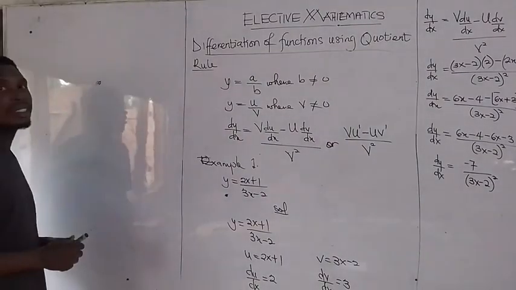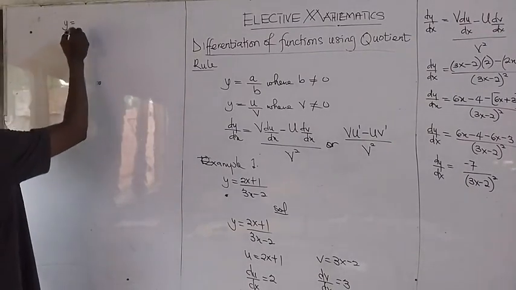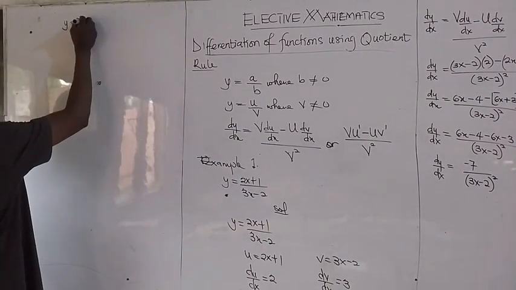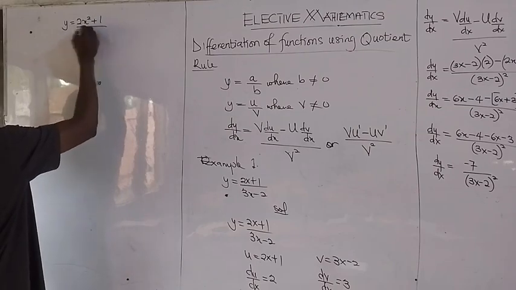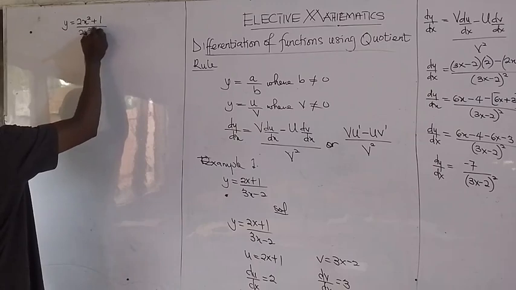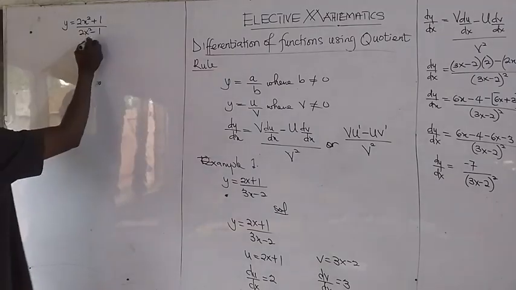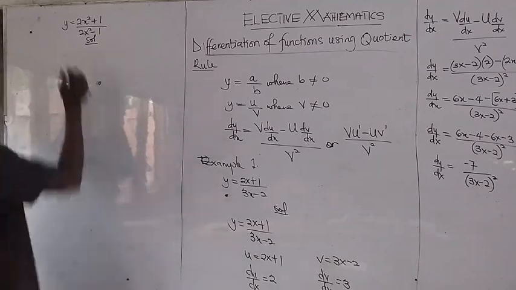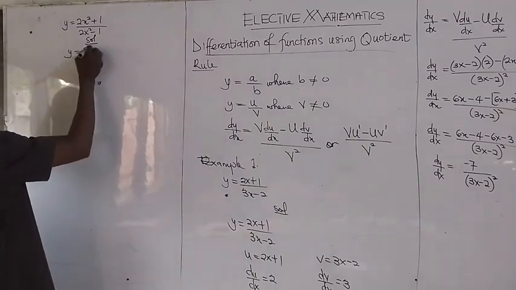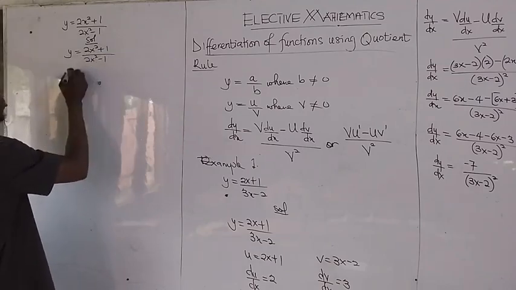For the second question, we have y is equal to 2x squared plus 1 all over 2x squared minus 1. I said earlier on that if the question is not lengthy, you just have to repeat it. So our y is equal to 2x squared plus 1 all over 2x squared minus 1.